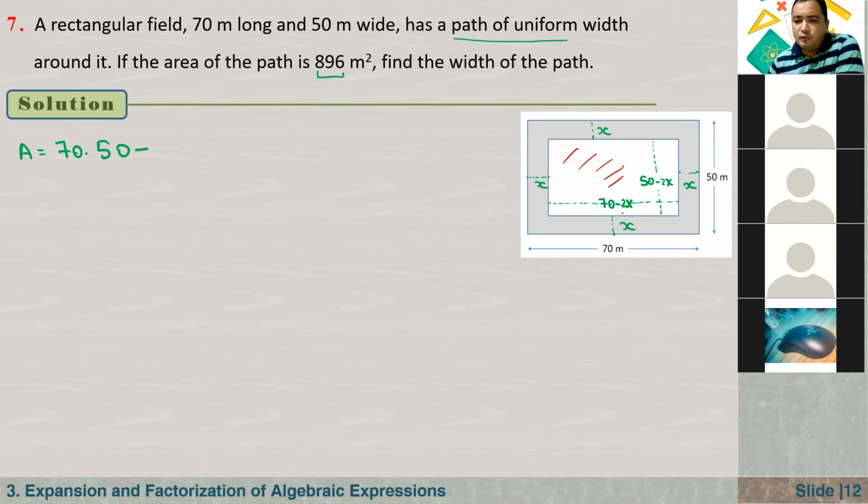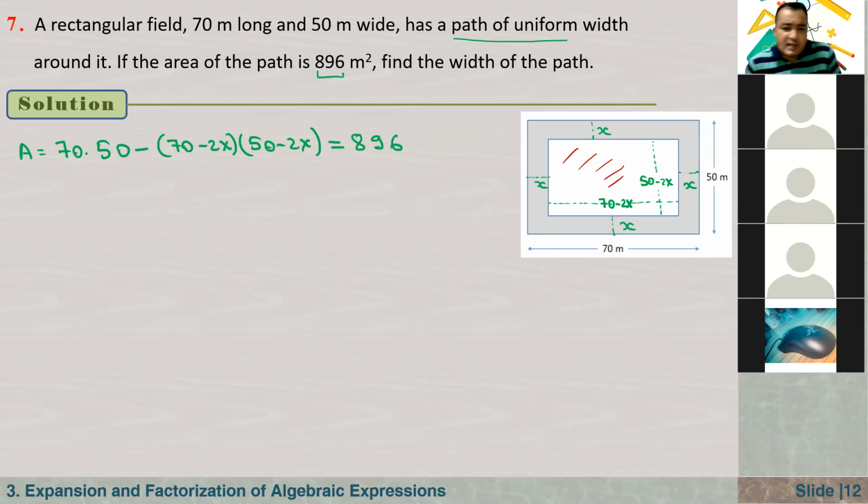Let's say it's the swimming pool. The length is 70 minus 2x, and its width is 50 minus 2x. If from the big rectangle you remove the internal part, that gives us the area of the path, the shaded region, which is equal to 896. So we have to solve this problem.